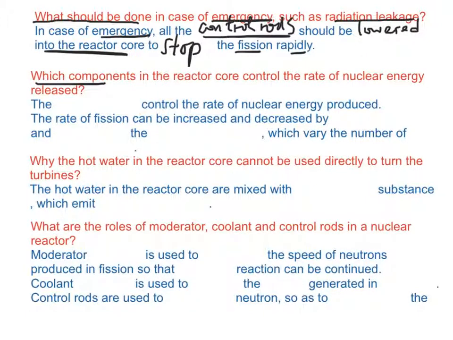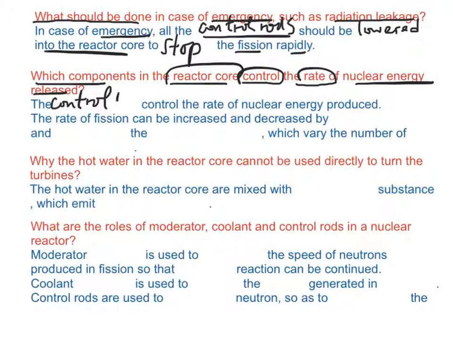Which components in the reactor core will control the rate of nuclear energy released? In the reactor core, the control rods will control the rate of nuclear energy produced.